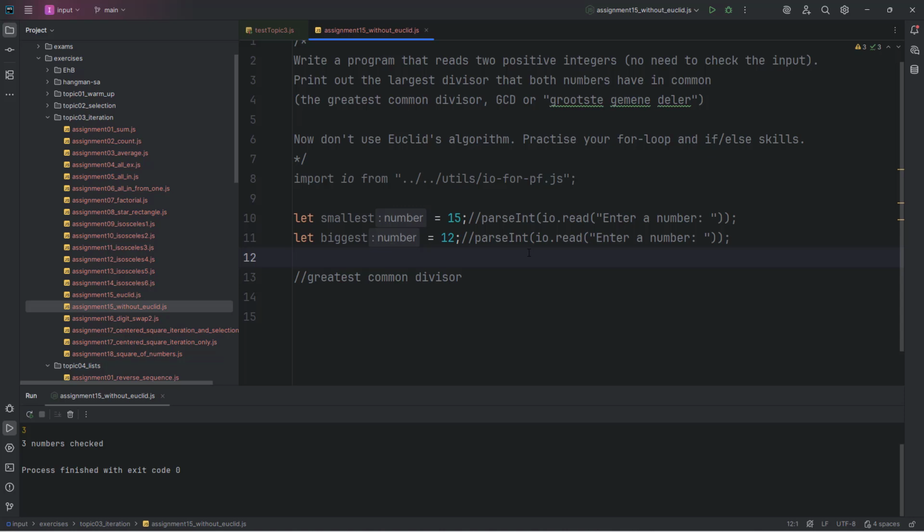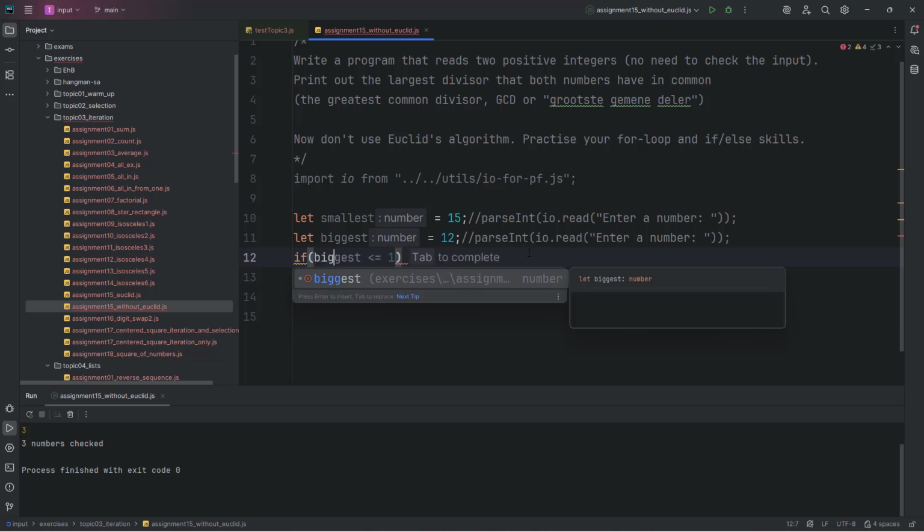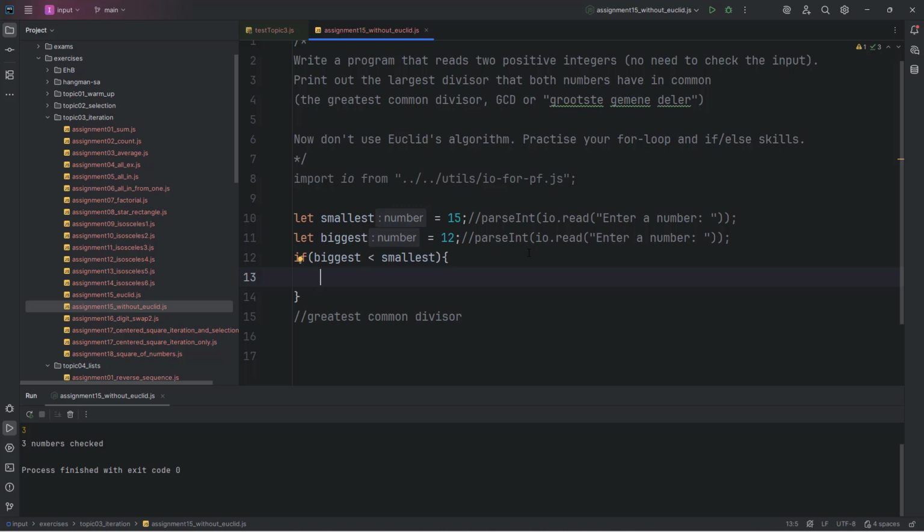So let's add a little if the biggest is smaller than the smallest, which of course isn't possible, you might think, but that's a mix-up in the input. And then we have to swap them.